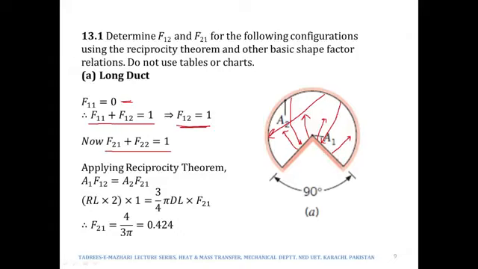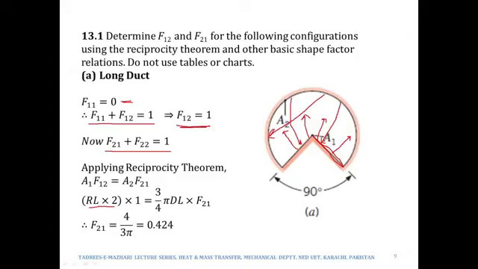This side is the radius of this circle, R, times the length of the pipe. We are not given any information, so you may take the length of the pipe as L. So the area of this plate would be R times L, and there are two such plates, so the total area A1 would be 2 times R into L.